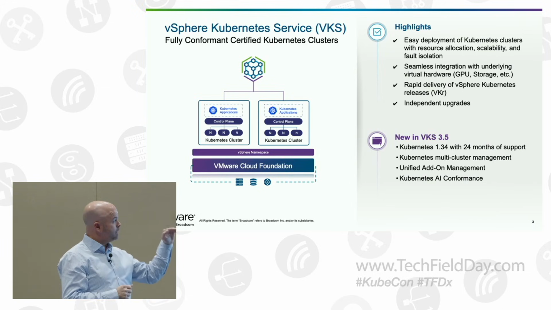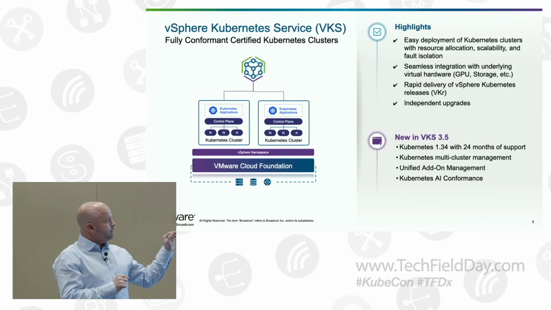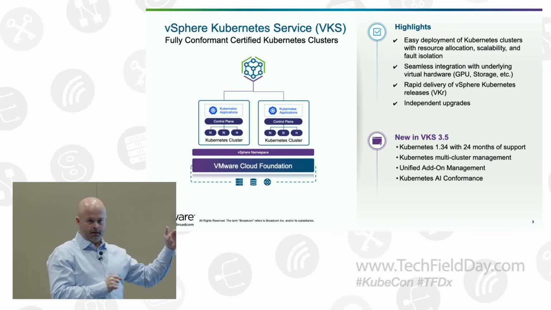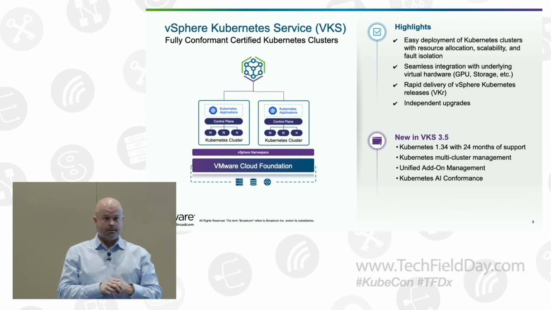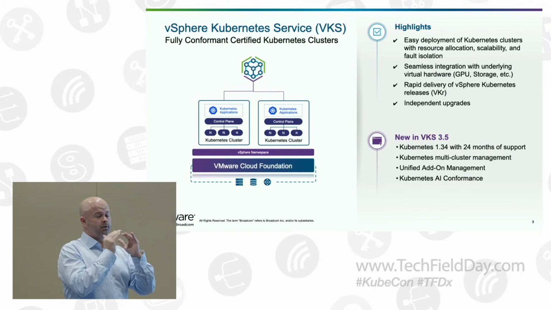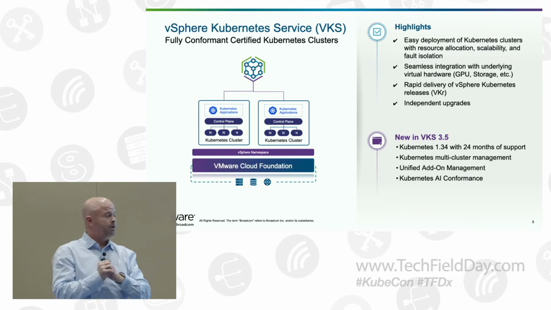So we support version 1.34 with 24 months of support. But it doesn't stop there. With this release, we're saying that every Kubernetes minor that ships in our stack will have 24 months of support moving forward.